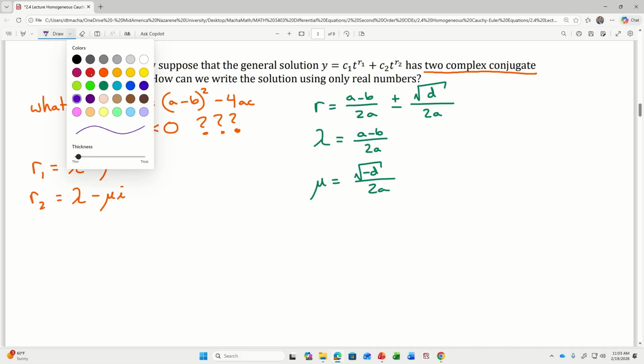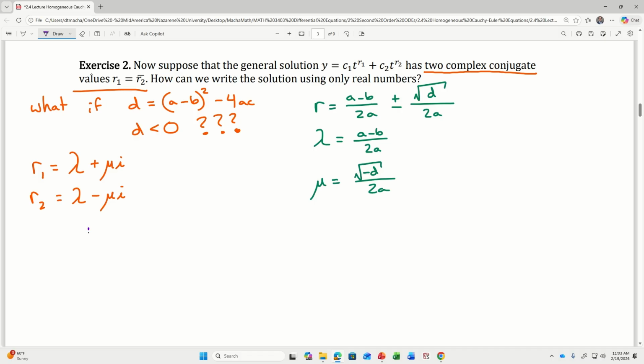But the question is this: if my general solution is c1 t to the power r1 plus c2 t to the power r2, this general solution has complex numbers that are not real. And the question is, how can we write this solution using only real numbers?